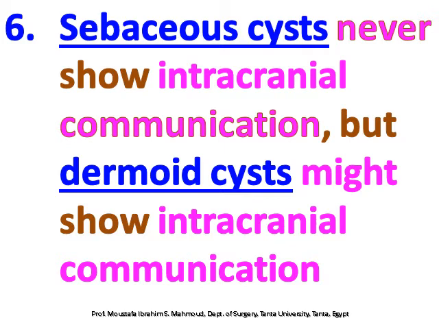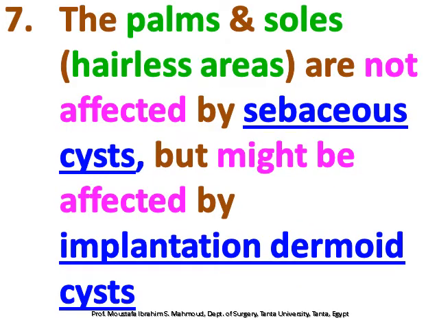Sebaceous cysts never show intracranial communication, but dermoid cysts may show intracranial communication. The palms and soles, the hairless areas, are not affected by sebaceous cysts, but might be affected by implantation dermoid cysts.